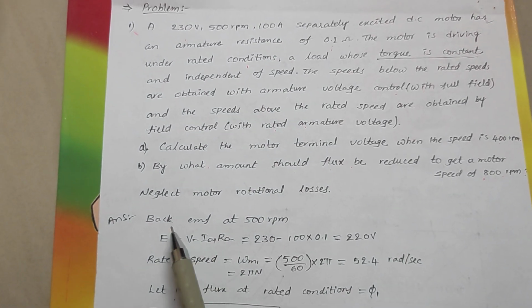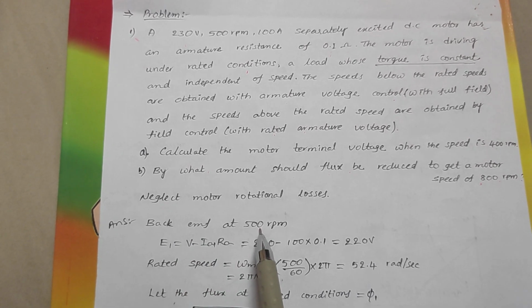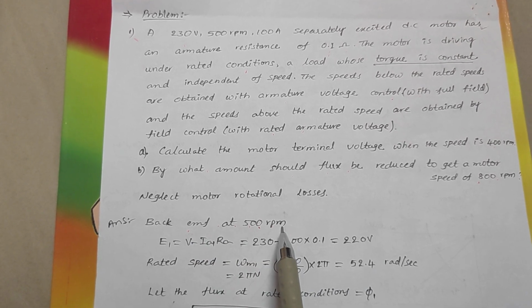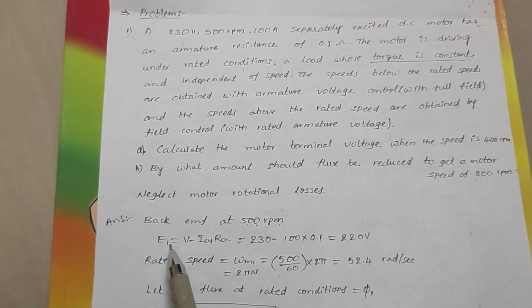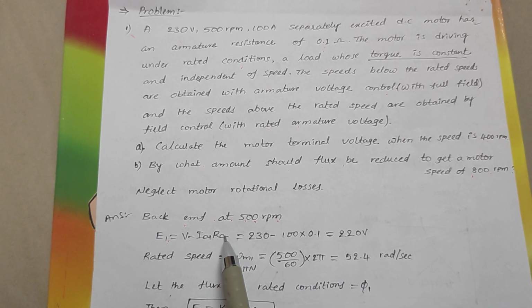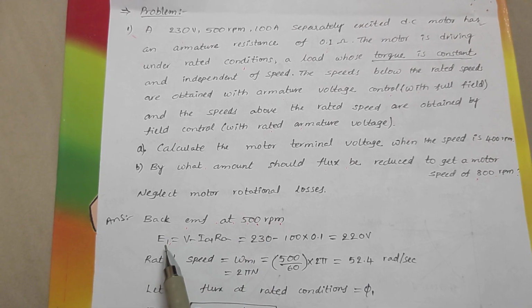By using that, we can calculate the back EMF at the given RPM. Back EMF at 500 RPM, let us call it E1, by using the equation E1 is equal to V minus IA1 into RA.